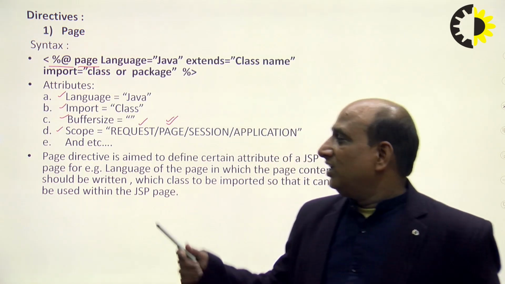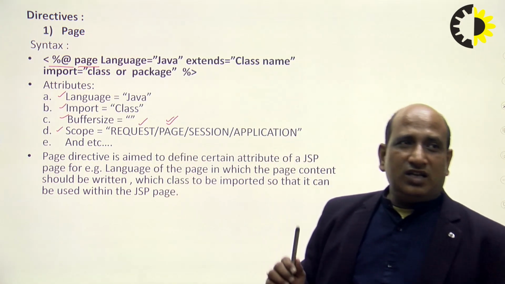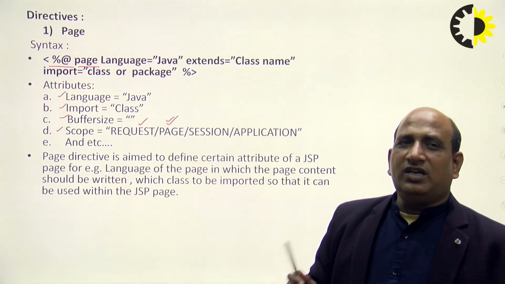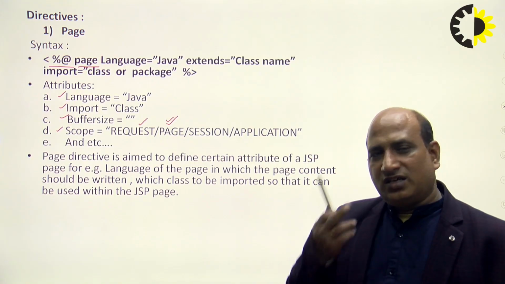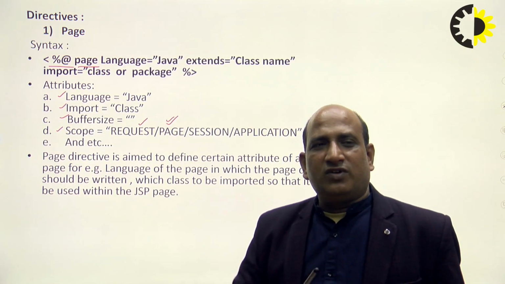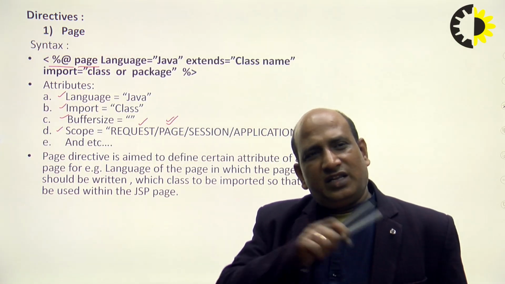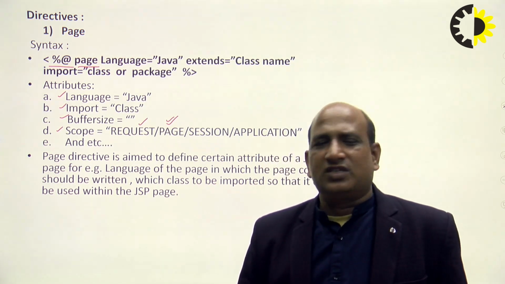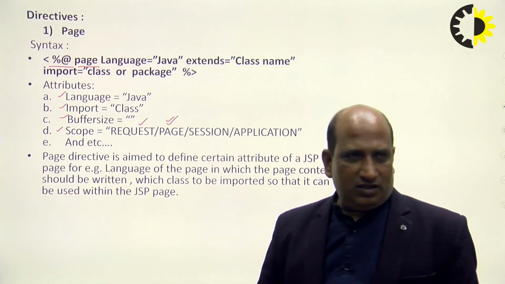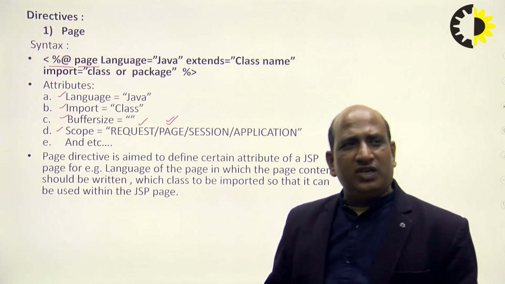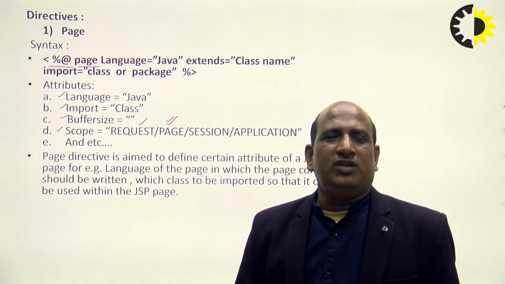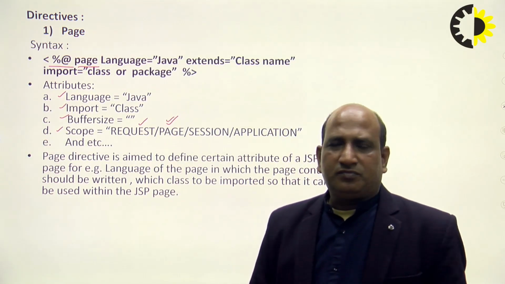In the previous case, if the scope is request, the content may be accessed for one request only; if the next request comes for the same page, it may not have access to the content. But if the scope is page, then many requests for the current page may be served.